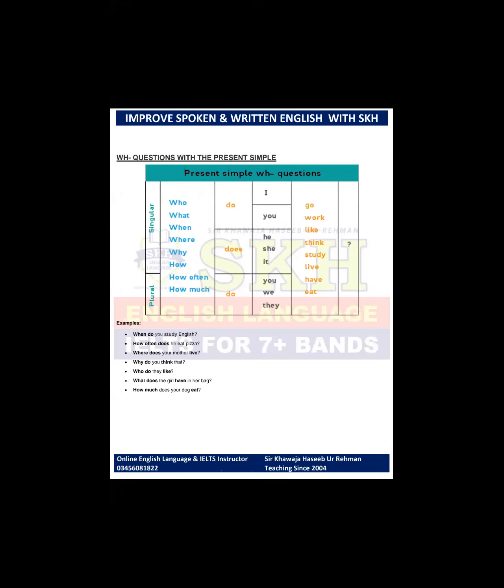With I, you, we and they we use do, and with he, she, it we use does, followed by the first form of the action verb, with who, what, when, where, why, how often, or how much. Okay.